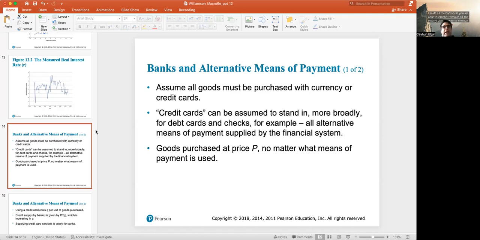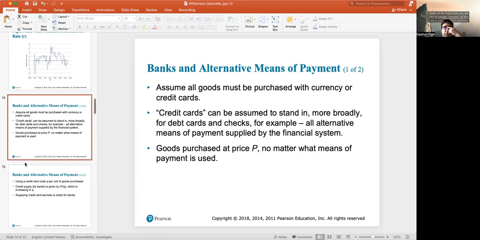Similarly here, we are going to be looking at the equilibrium in the money market with the money demand and money supply curves. But before obtaining the money demand and money supply curves, and particularly the money demand curve, we have to first of all consider the financial sector and basically the sector for payments.